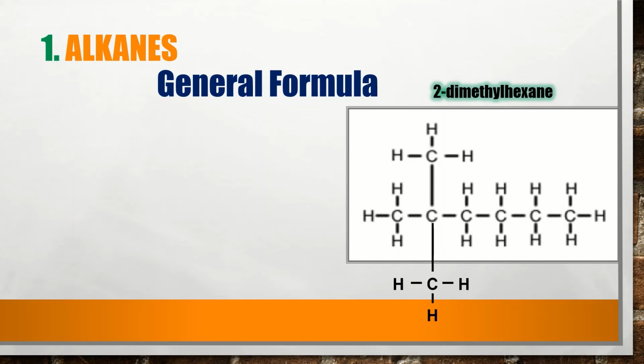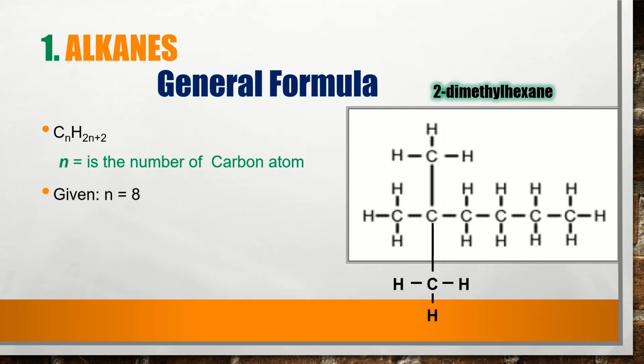The general formula of alkanes is CnH2n+2, where n is the number of carbon atoms. In our given structure, there are 8 carbons, so n is equal to 8. Substituting n with our value 8, we come up with C8H(2×8+2). Therefore, our molecular formula is C8H18.